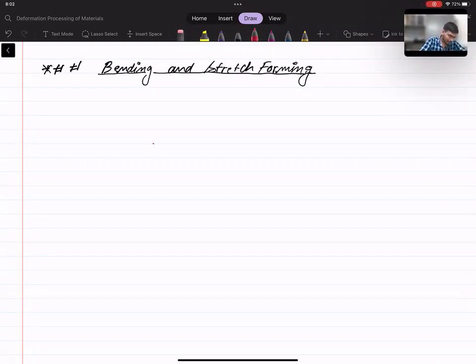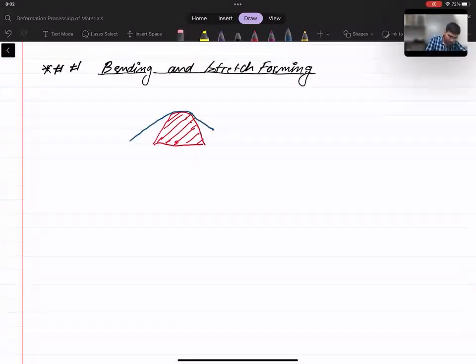So this is something like, say we have dies like this, which are used to bend the blank. Okay, so we have the die like this, and from here we can have the bent blank.